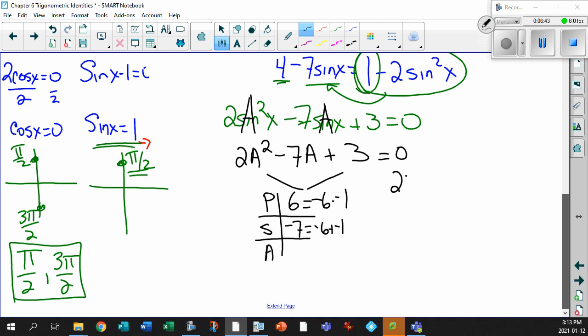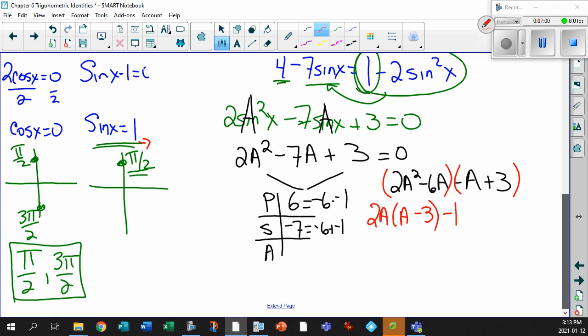Here we go. 2a squared minus 6a minus a plus 3, the decomposition method, if you want to go look it up. Take out a 2a here, leaving me with an a minus 3. Take out a minus 1 here, leaving me with an a minus 3. Beautiful. This is 2a minus 1. This is a minus 3.